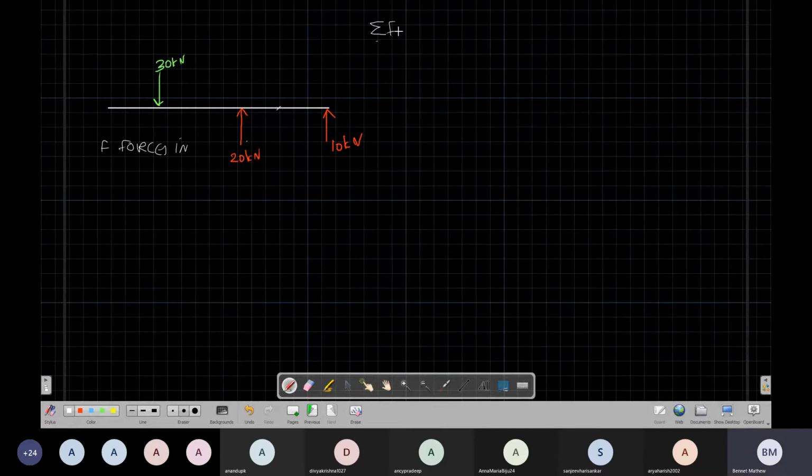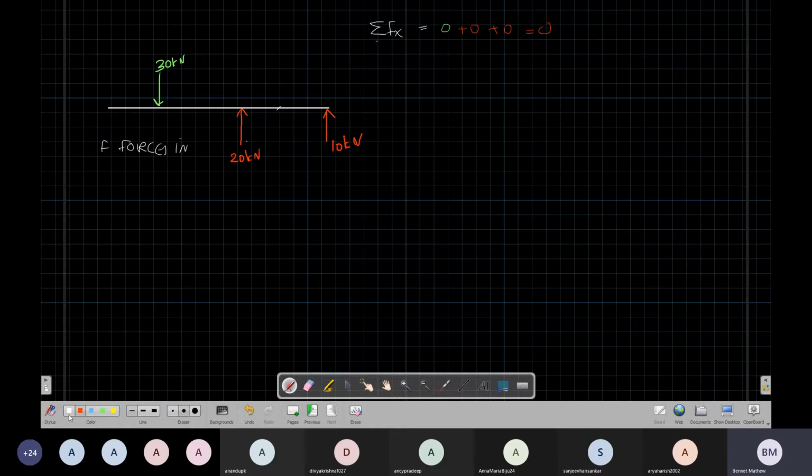What is the component of this green force in the x direction? It is vertical, so it is 0. What is the component of this red force? It is 0. And this red force? It is 0. So the x directional force is 0.